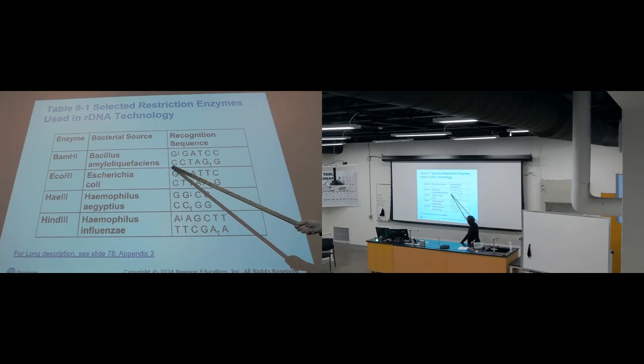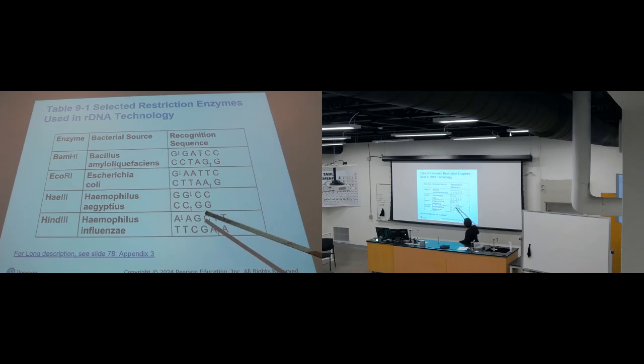And the same in here, but this one will be CCTA. So this is a palindrome, so you read in kind of opposite directions. And then here for E. coli, we have the cut between this G and A, and then this A has to be followed by A, T, T, and C, and the same one here. So it will be A, T, T, C.